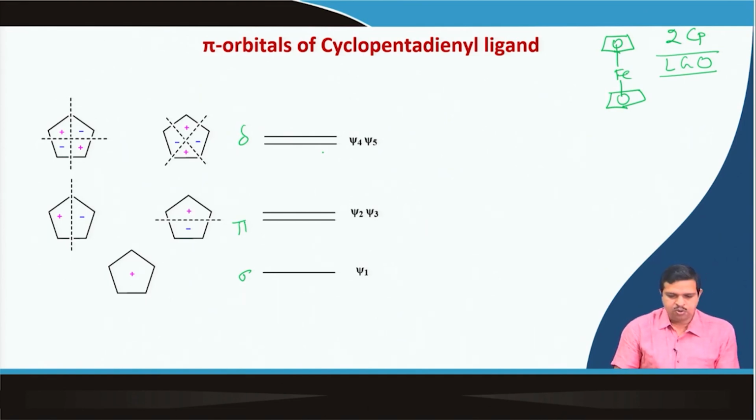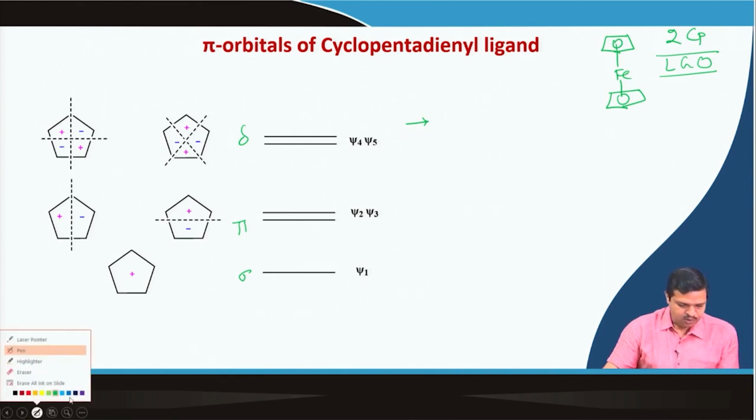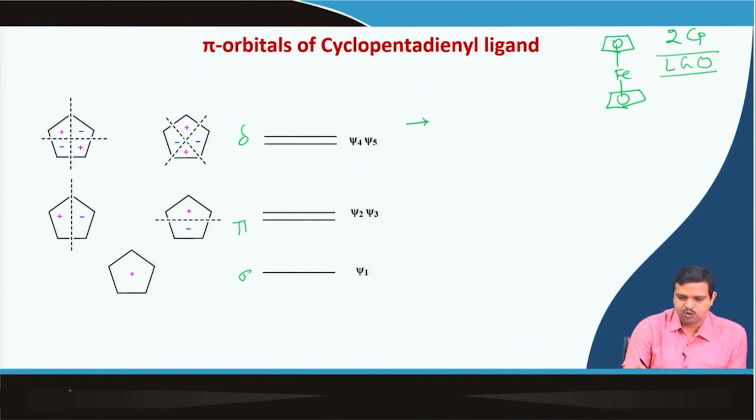Now what we will do, we will have to do the LGO, and construct the orbitals which can interact with the specific d orbitals of the metal centers.